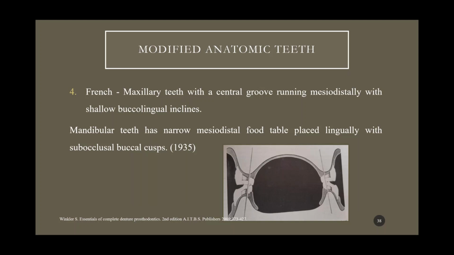The upper posterior teeth were similar to the channel teeth, but with shallow buccolingual inclines. And the lower teeth had sloping buccal surfaces that were placed below the occlusion. So only the lingual cusp contacted the groove in the upper. He claimed that this directed the force lingually, stabilizing the lower denture.